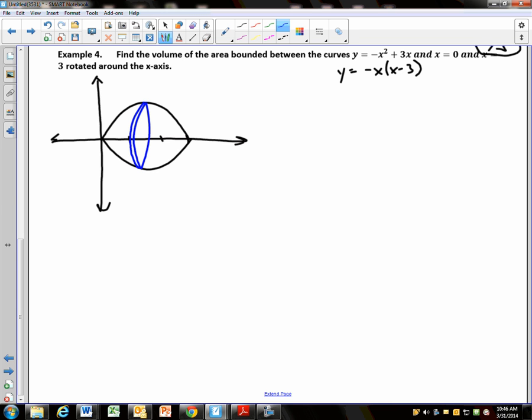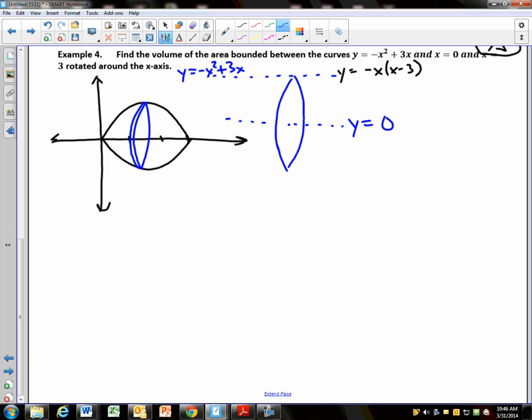We find the area of that shape, and we can integrate it. So again, that makes our classic disk shape that we've been working with. We're centered around y equals 0. What makes the top part? Negative x squared plus 3x.